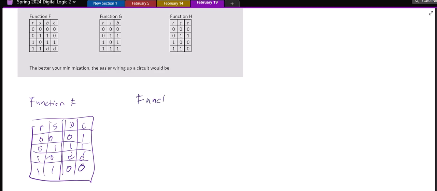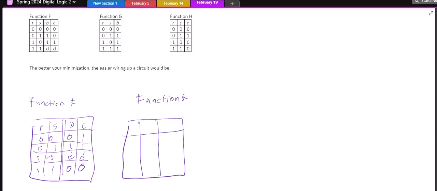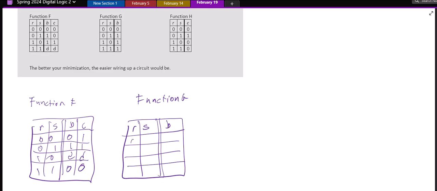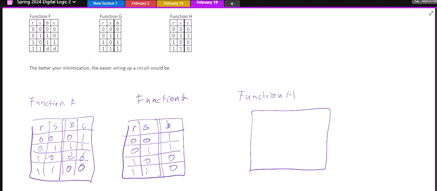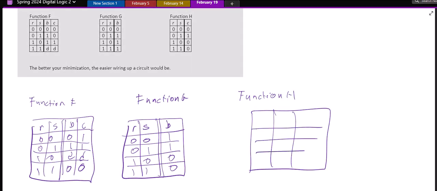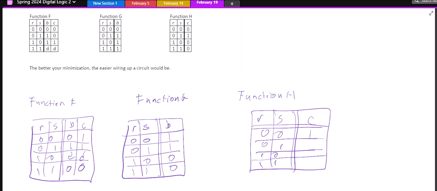Okay, and then function G, R, S, I'll go ahead and leave that one be. 0, 0, 0, 1, 1, 0, 1, 1, and I'll have this 1, 1, 0, 0, and function H, C, R, S, 0, 0, 0, 1, 1, 0, 1, 1, and I'll have 1, 0, 1, 0.